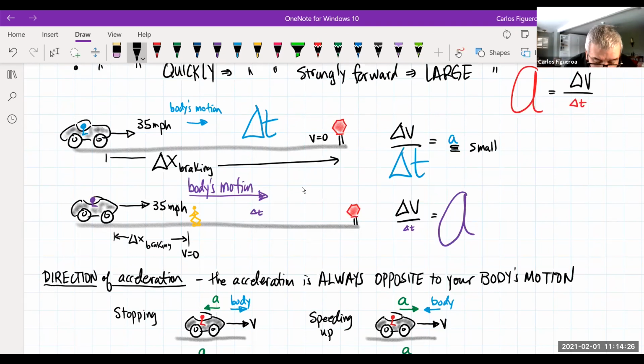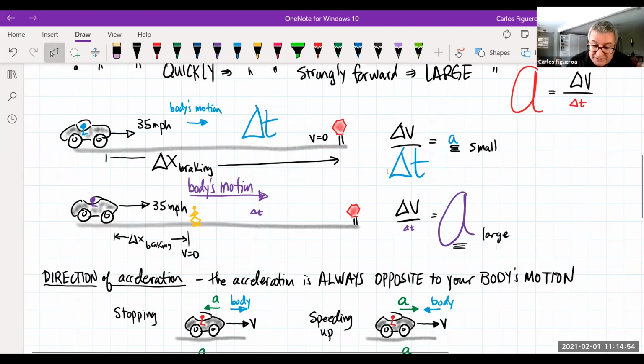When you feel your body's motion in purple here, it is much stronger than it was in light blue here. So that immediately tells you that you had a big acceleration, right? You have a large acceleration. Why is it large? Because you stopped over a much shorter time interval. And that's really what the magnitude of the acceleration is.